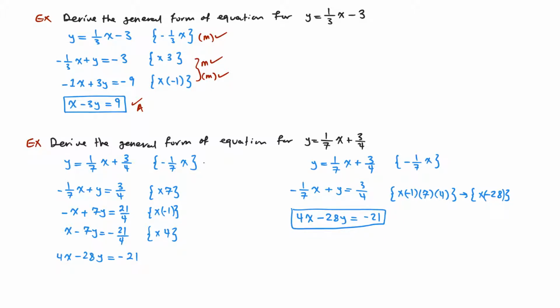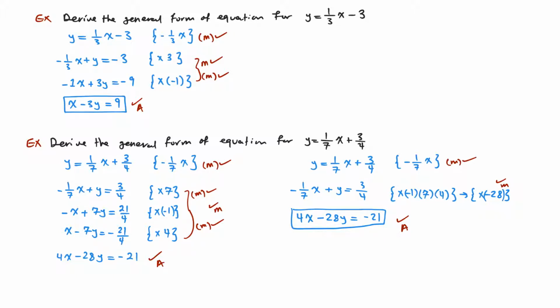In terms of showing your steps, an implied method mark could also be a method mark here. It's a little bit more involved in terms of the question and how many steps you need to do. You need to show at least one method here, and it could be just this method over here, or there's some implied method, at least 2 implied methods of going through multiplying by 7, one multiplying by 4, and one multiplying by negative 1, and an accuracy mark for this final step over here.